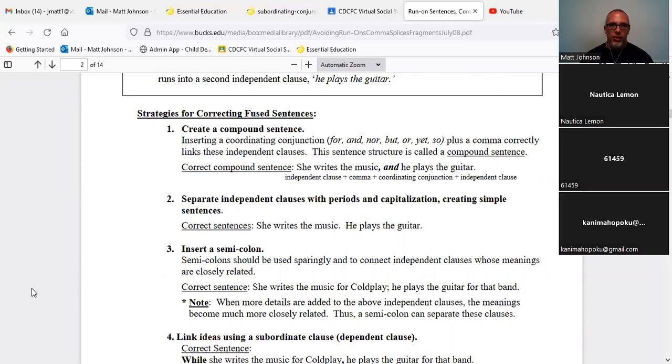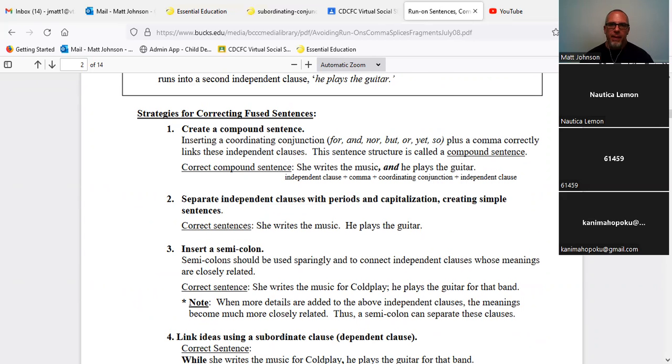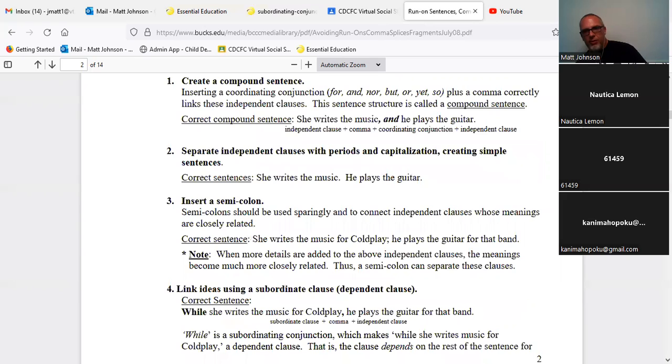Like I said, you could use a conjunction depending on what's happening between the two. Separate independent clauses with periods, so two short sentences. That's another route. She writes the music, period, he plays the guitar.